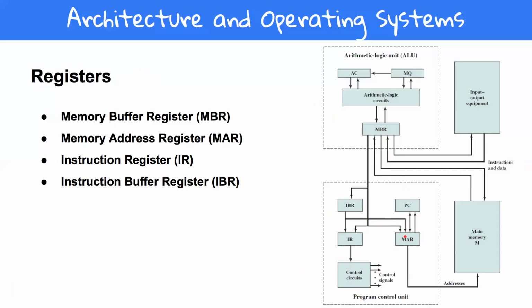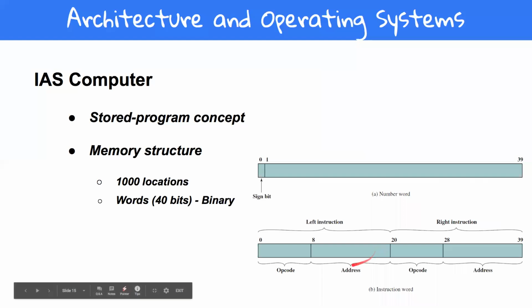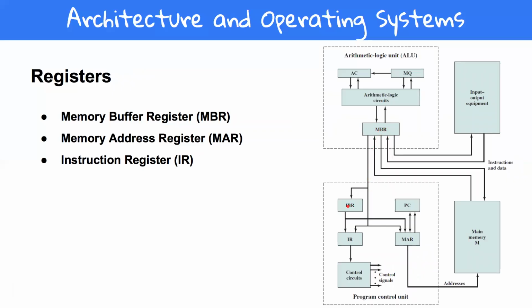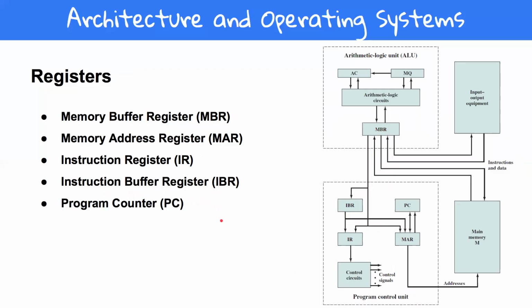Usually in the IAS machine, they use the left instruction. But if they get a right instruction, the right instruction will go to the IBR, and then the opcode will go to the IR, and the address will go to the MAR. So the instruction buffer register is a buffer for the right instruction in the 40-bit word.